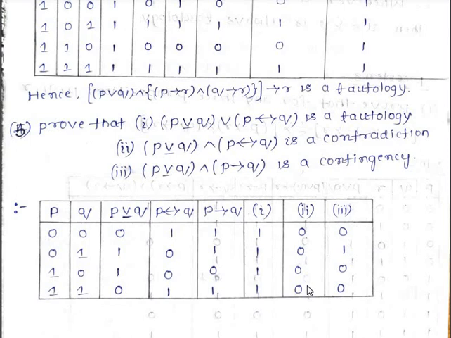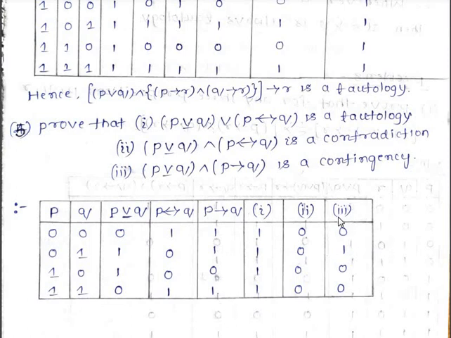In the third case, we have to consider P exclusive disjunction Q and P implies Q. Here we have to do the conjunction operation, a kind of multiplication. 0 1 gives 0, 1 1 gives 1, 1 0 gives 0, 0 1 gives 0.